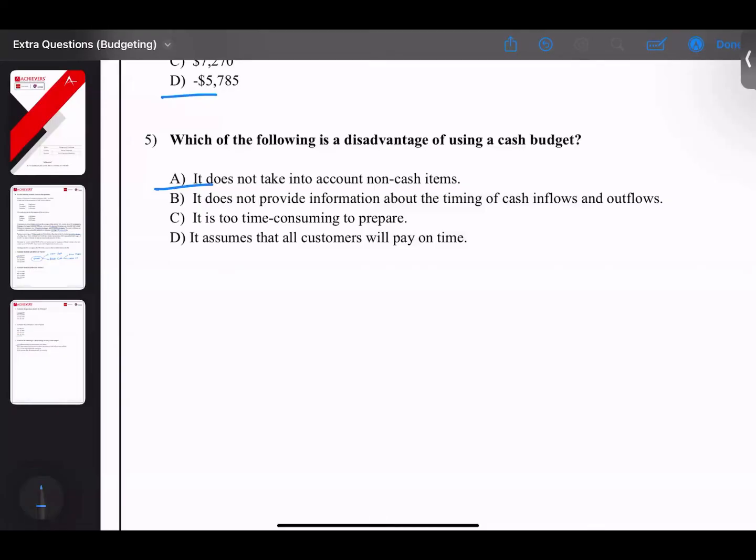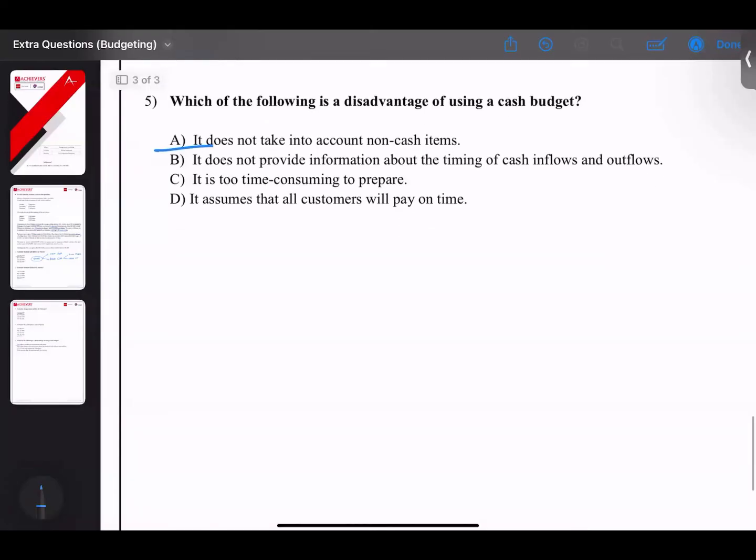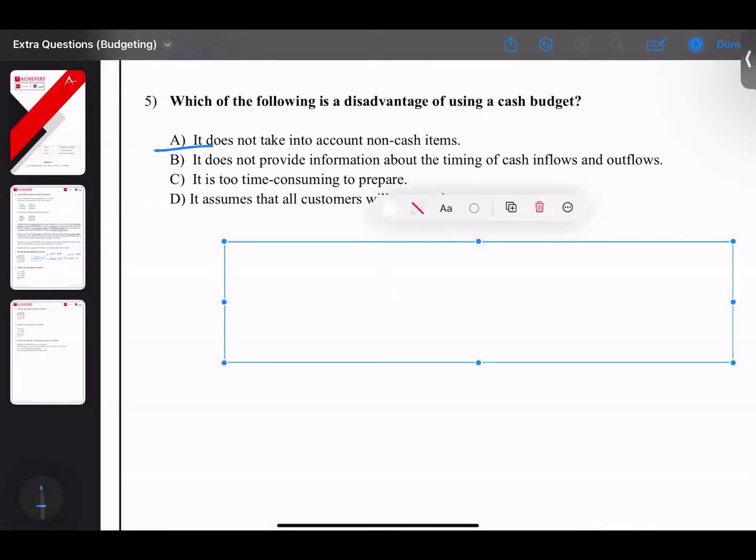Once you get used to preparing this cash budget, you will be able to prepare it quickly. Option D, it assumes that all customers will pay on time. No, we are not assuming that. We are considering the payment date and payment month separately, and recording them properly. So option D is also wrong. The correct answer for the fifth question is option A.